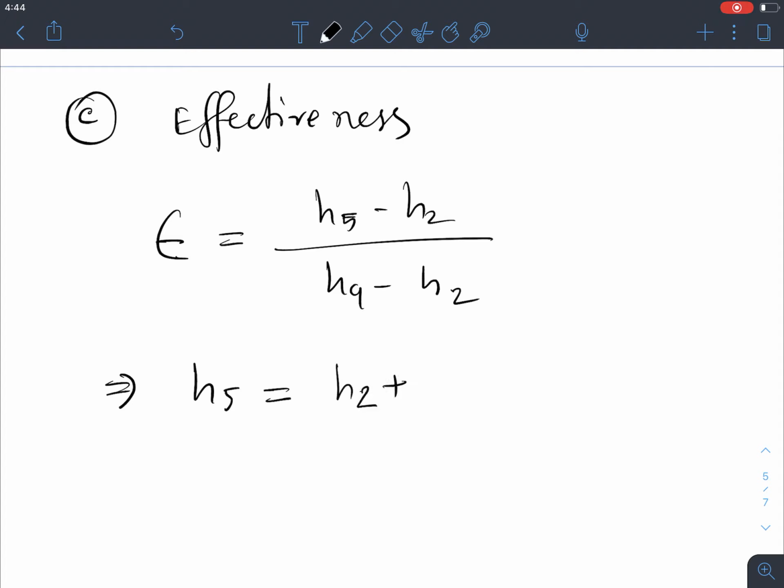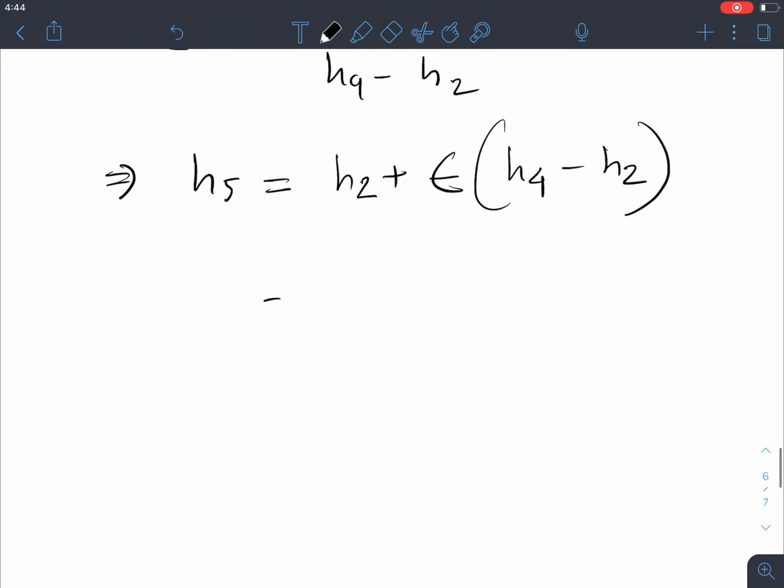We don't know H5, right? So basically H5 will be H2 plus epsilon times H4 minus H2.